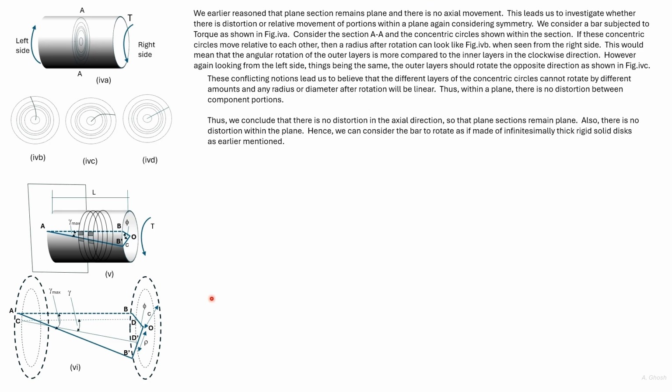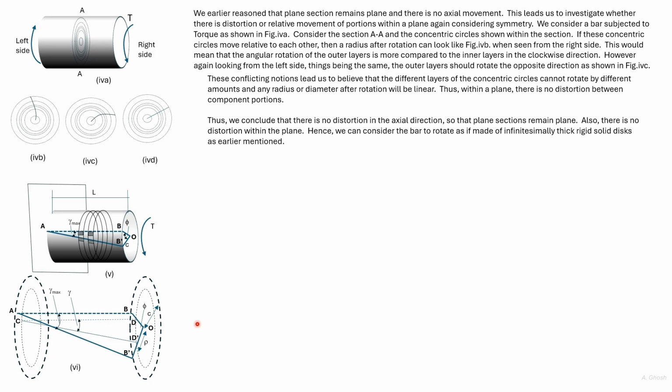Now consider an inner concentric circle shown by the dotted line on the right end. Also, an inner concentric circle of the same radius is drawn on the left end.